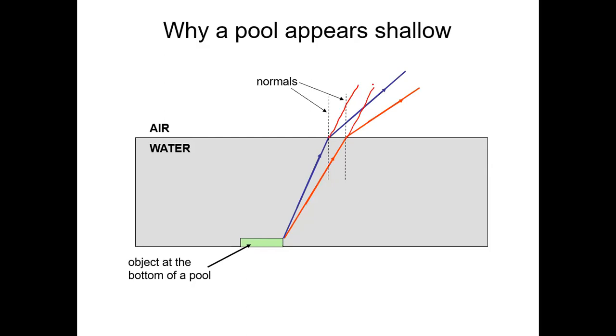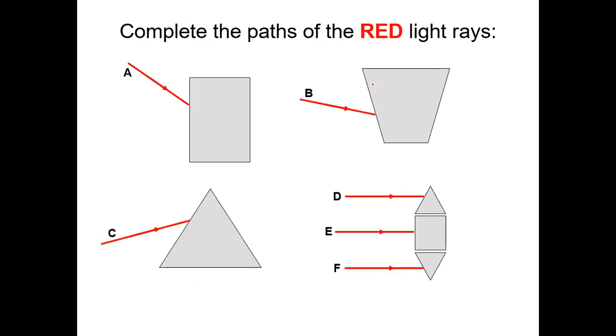Now they are moving away. When the observer observes that, it seems to him that these two lights, blue and red, are coming from one point, and that point is, of course, way above the original point. That's why the pool appears to be shallower than it is.